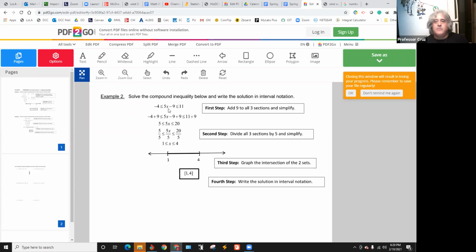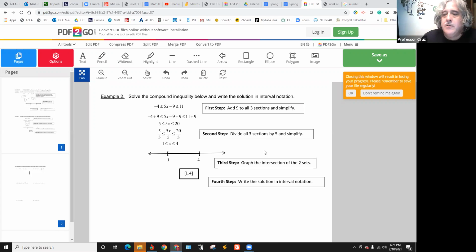This essentially means and: 5x minus 9 is in between negative 4 and 11. To find the endpoints for x, we work on that middle one, and what we do to the middle to turn it into x, we do to the other sides.